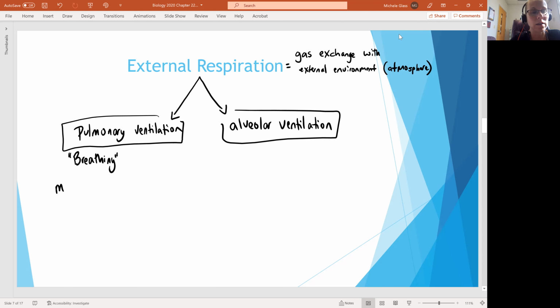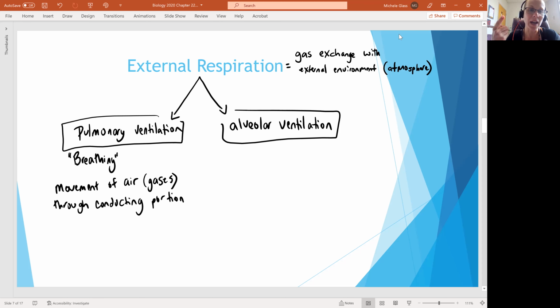So this is the movement of air, or we can say gases. Air is, by definition, a mixture of gases. Movement of air or gases through the conducting portion of the respiratory tract.